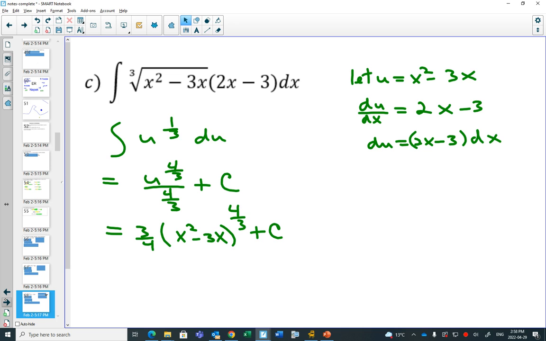And since doing the derivative is easier than doing the integral, that should be a fast way to check, right? This would be a chain rule. The 4/3 would come out in front, completely cancel everything out in front. Subtract 1 from the exponent, I'd get 1/3. That matches up. Then I need to multiply by the derivative of my inside function, and I would get 2x minus 3. That matches up.